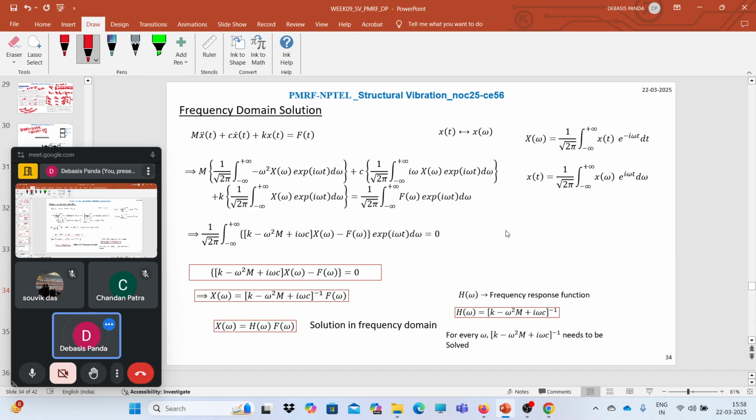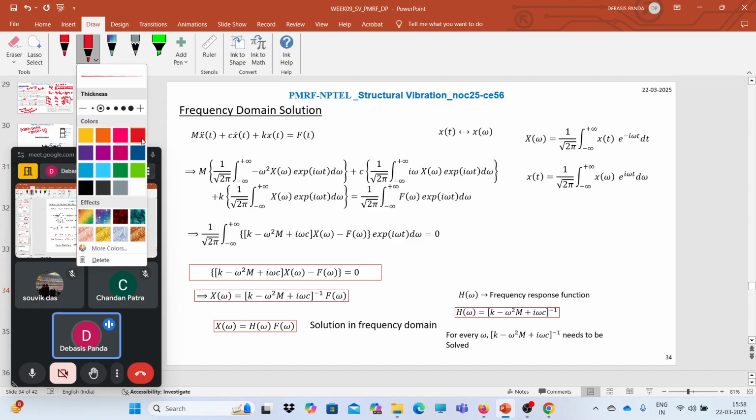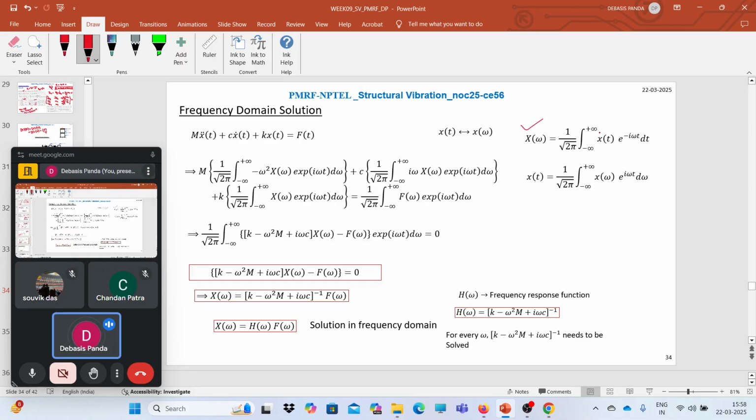Now let's say we want to solve the system in the frequency domain. What do we need to do? We also know how we can convert a signal from time domain to frequency domain, and vice versa, using the Fourier transformation pairs. So here you can see x omega and x t.